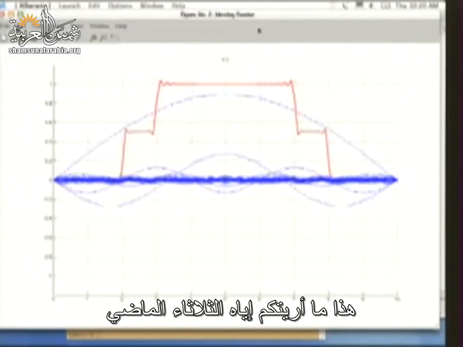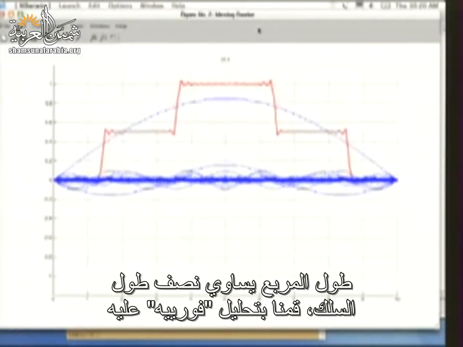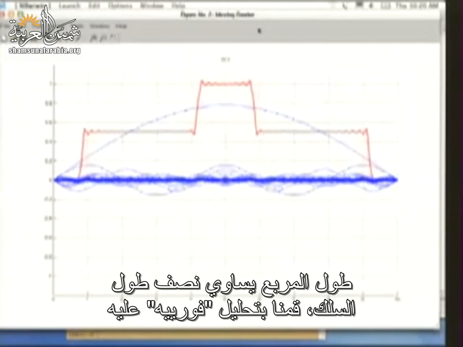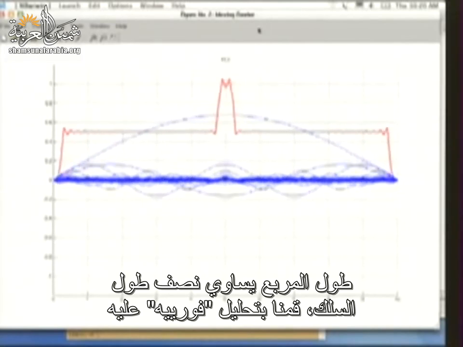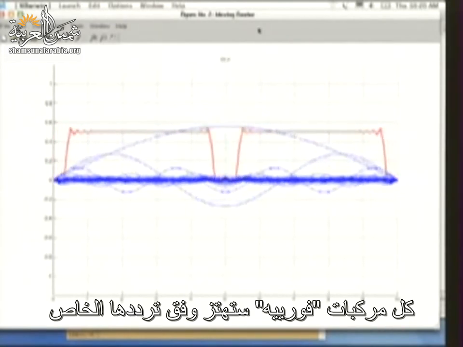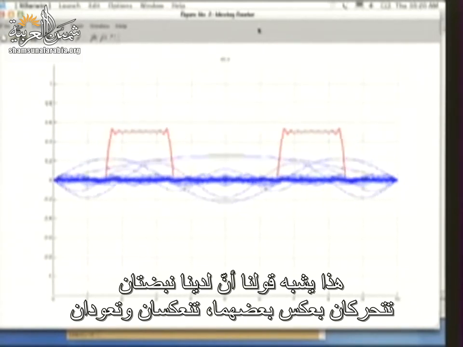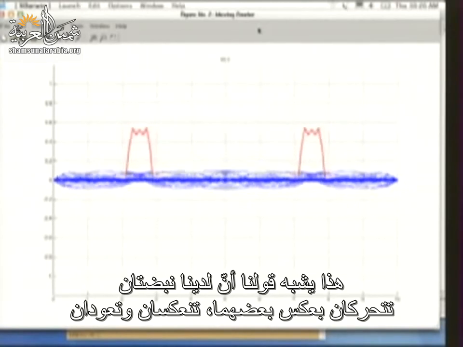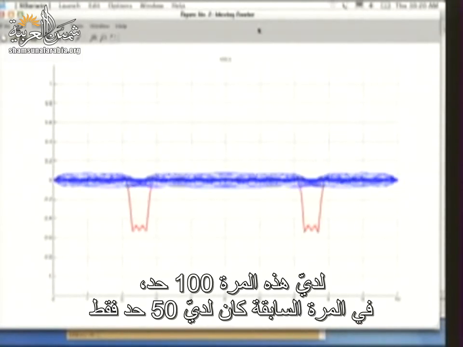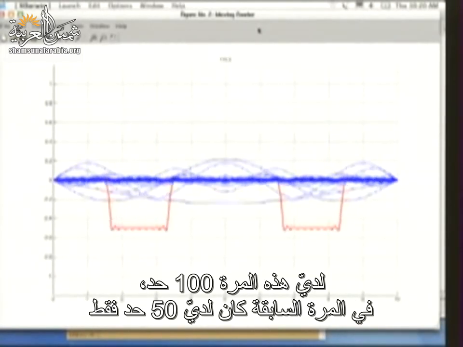So this is what I showed you last Tuesday. The square is half the length of the string. We Fourier analyze it. All these Fourier components are going to oscillate in their own way, which is like saying we have two pulses moving in opposite direction and they are reflecting and they come back. I have 100 terms here this time. Last time I only had 50 terms.